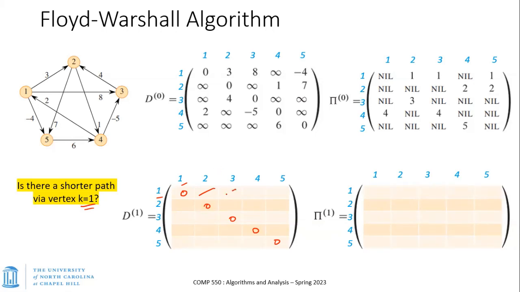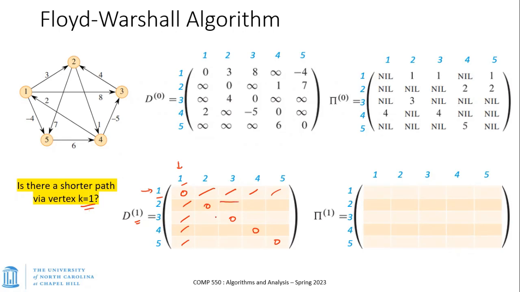So all of these are going to remain unchanged. Is that clear? Similarly, going from 2 to 1 while going via 1 is kind of a silly question to ask. So all of these are also going to remain unchanged. Why? Because the first row and the first column will be irrelevant, because k is equal to 1 in this case.